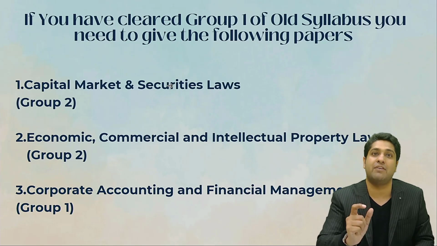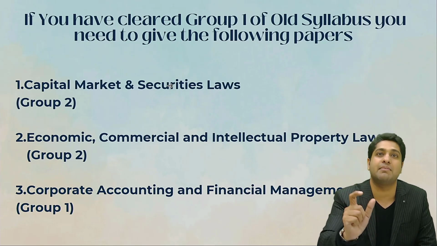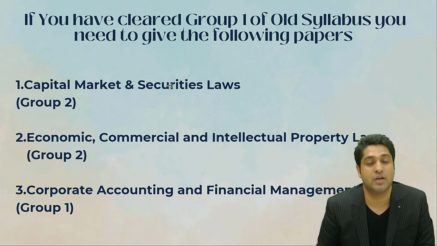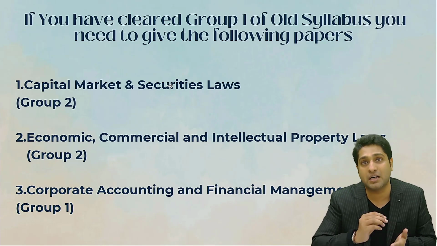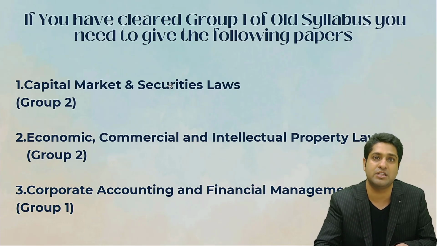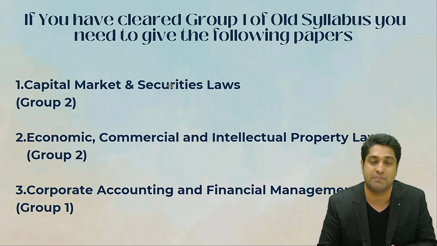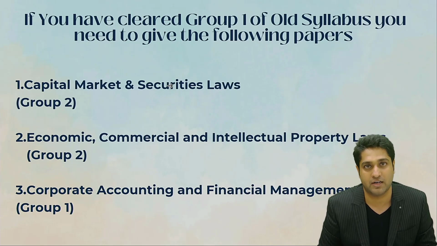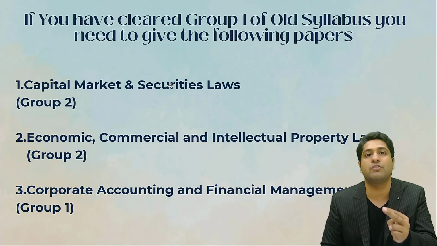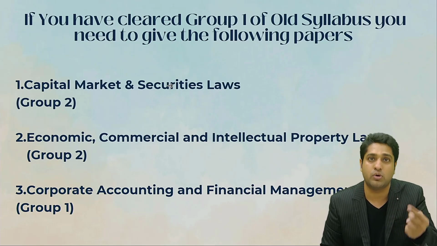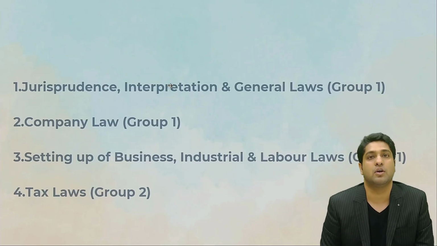So you will have to get independently 50 marks in this paper. So what happens is getting 50 marks in it, and it's no longer MCQ, it's a full-fledged written paper, so it becomes very difficult. Okay, so you will have to give 3 papers in new syllabus, 2 out of which are in group 2 and 1 is in group 1.